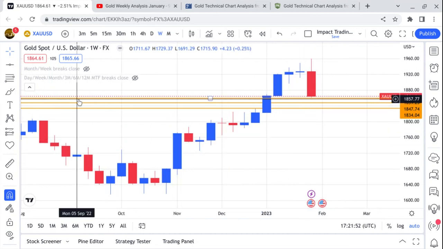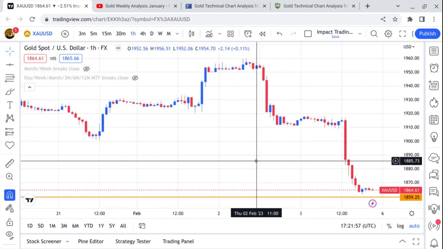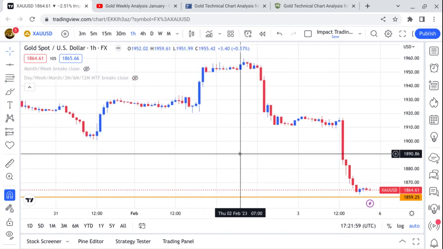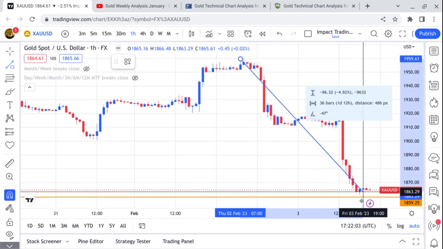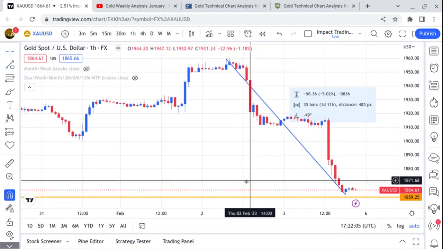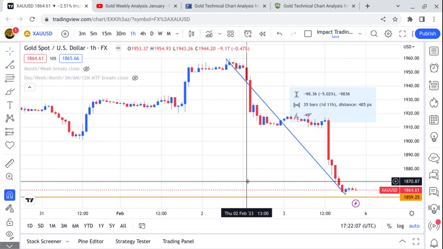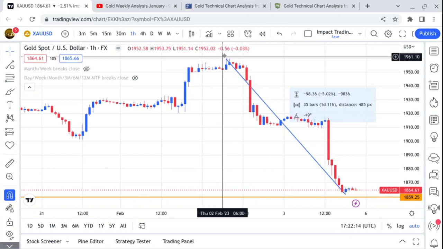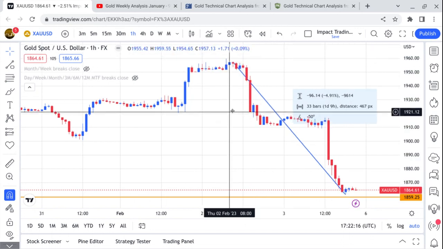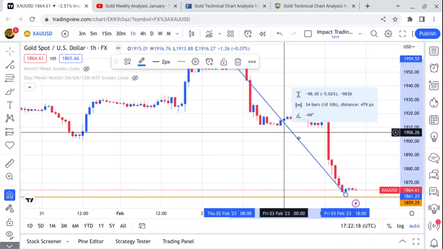Now again, just so you understand, this one move here, if you had the patience and you traded your plan, this one move here with a micro lot would have given you 980 pips. That's $900 just with one micro lot.